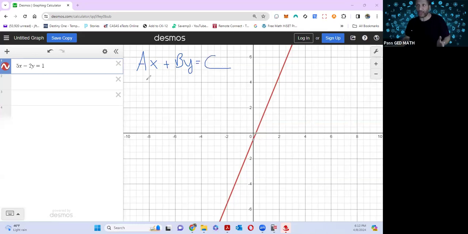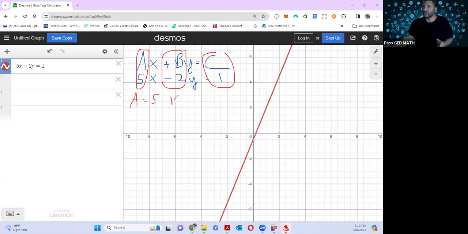So if I write this equation down, 5x minus 2y equals 1, you should now be able to directly see what a is, what b is, and what c is. So a is 5, b is -2, c is equal to 1.